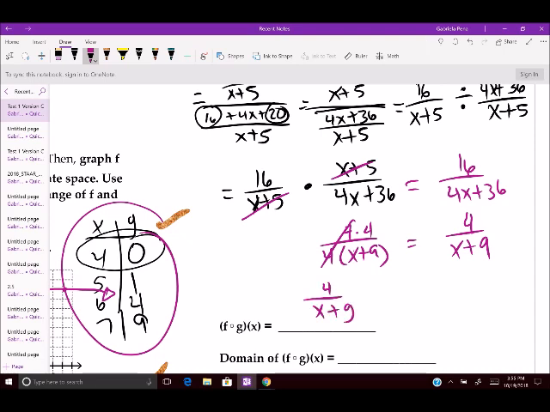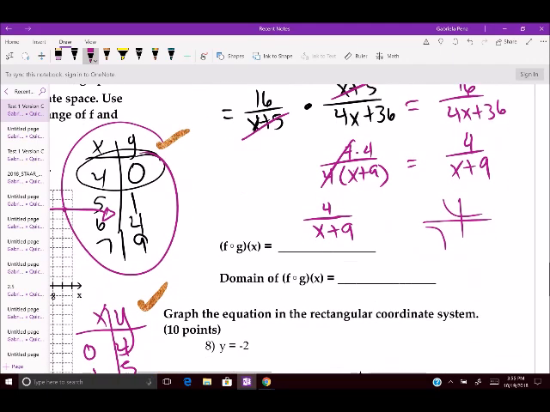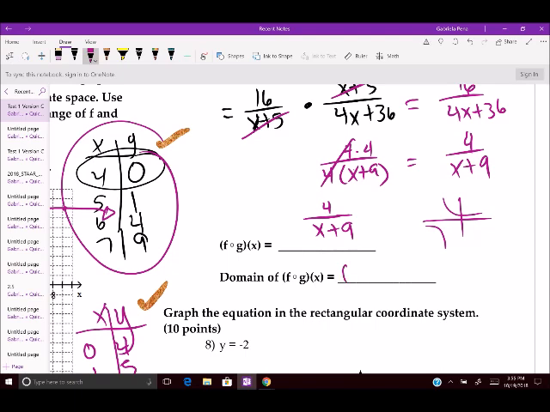When you graph this into the calculator, you get a graph that splits. There's like this. So what is the domain of it? It comes in from negative infinity to negative 9, union from negative 9 to infinity. Graph it so you could see what happens there.